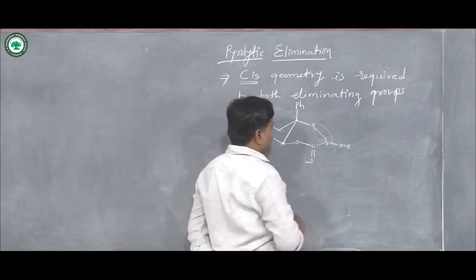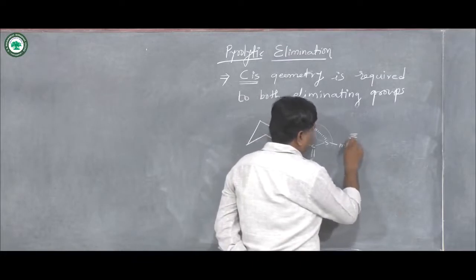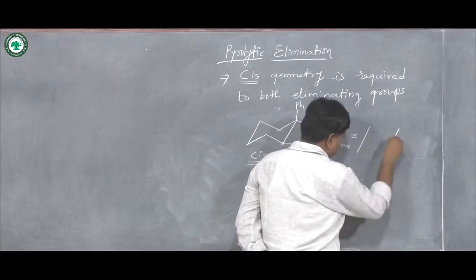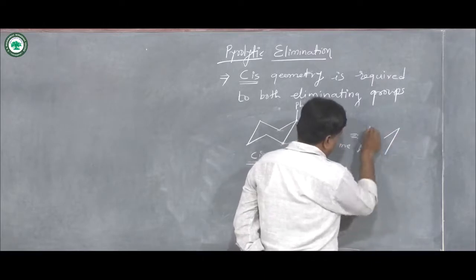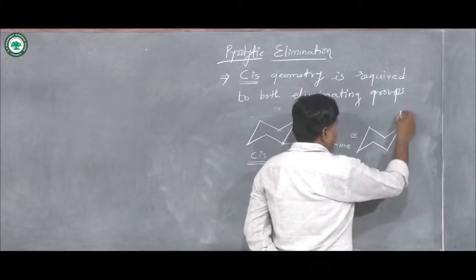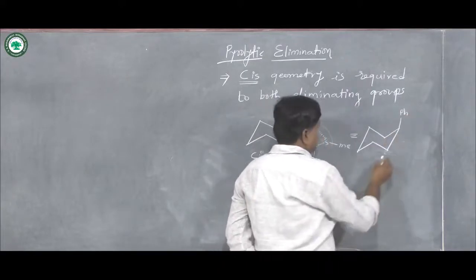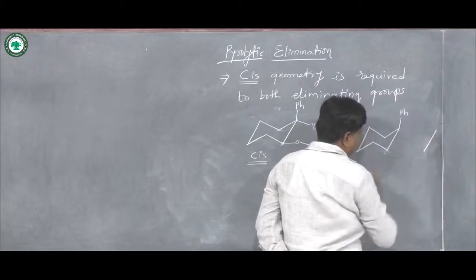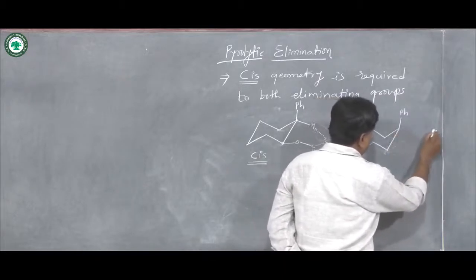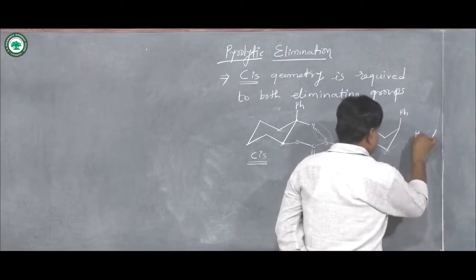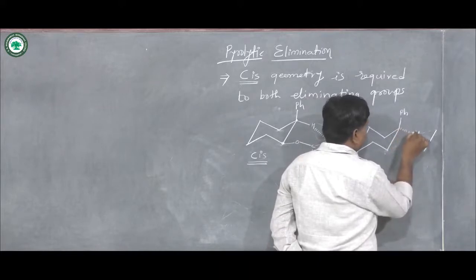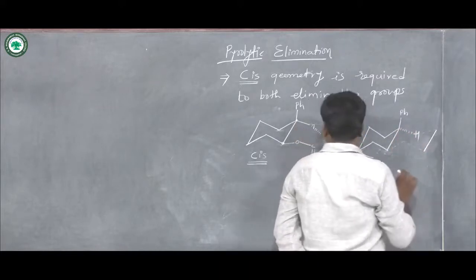Okay, so here we try to convert that structure into the chair conformation. This is the first chair, this is the phenyl ring, and here we first write a chair. Here this is hydrogen. I would like to write that bond by a dotted line.